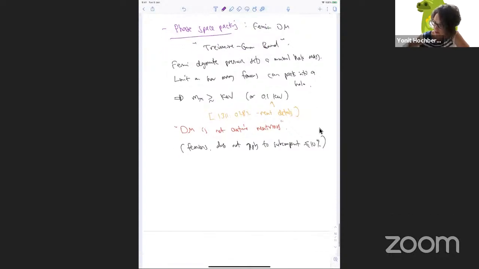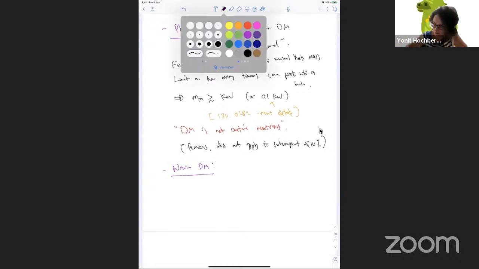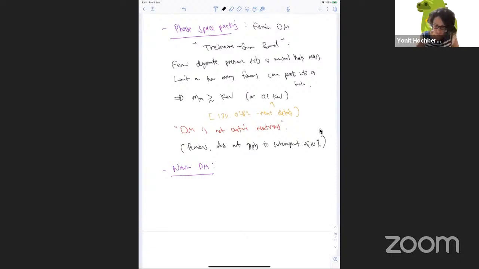And now let's go to a third bound, which is called the warm dark matter limit. Here the idea is, in general, in the early universe, how does structure form? Well, throughout the universe we have overdensities of dark matter, and structure forms from these initial dark matter overdensities.